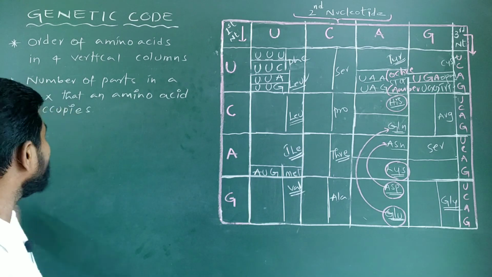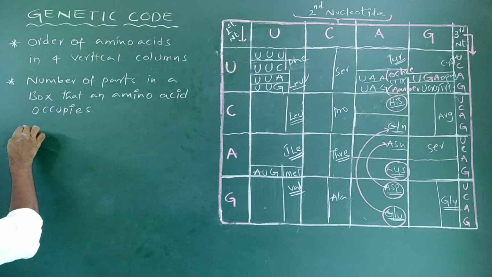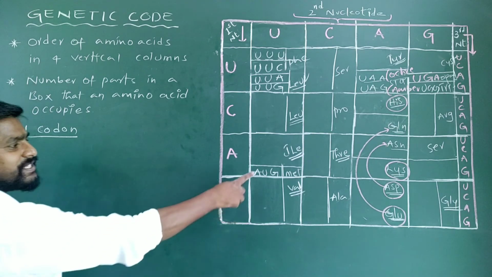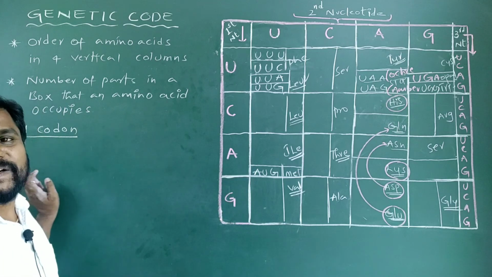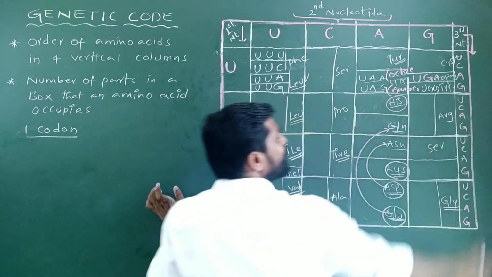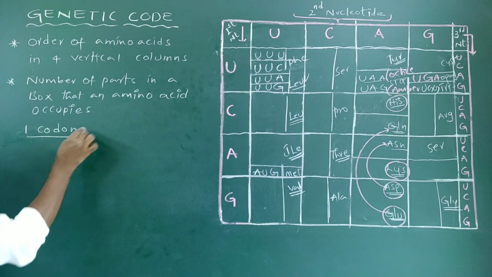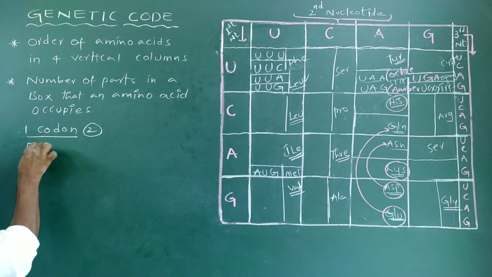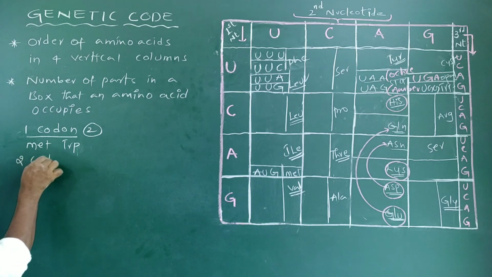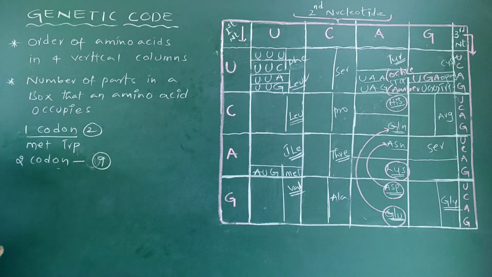First let us see the amino acids coded by a single codon. There are only two amino acids coded by a single triplet codon. Those are methionine and tryptophan. And the amino acids coded by two codons are 9 in number.